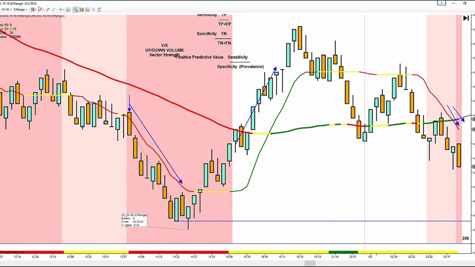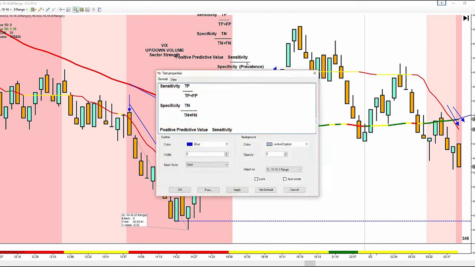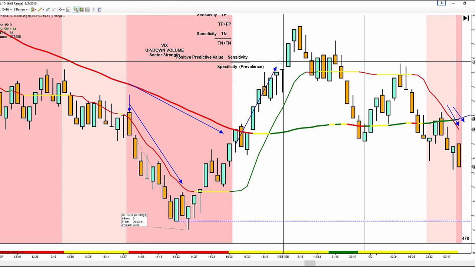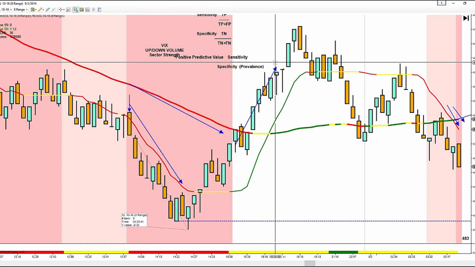So if you trade a choppy market or your software does not define chop, irrespective of the sensitivity and specificity of your trading entry, prevalence goes to heck. And when you multiply these times prevalence, you wind up with a positive predictive value that's lousy. And maybe it's 30% or 40% of your trades are winners, and that's never going to make you profitable.